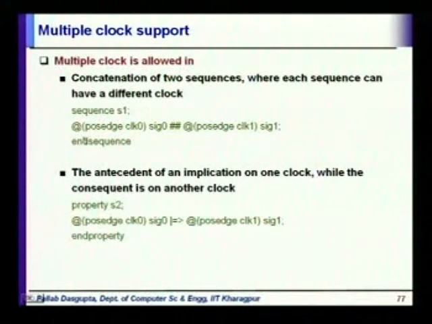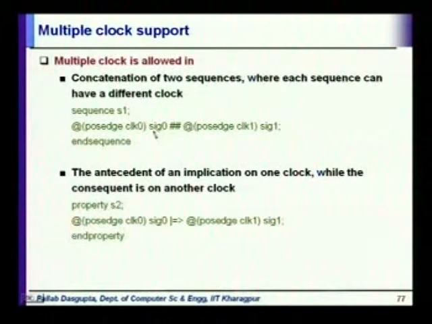You can write a sequence expression like this: at posedge clock, I think this should be property. Please read this as property S1 and then property at posedge clock 0 sig 0 hash 1. There is another typo here. You can write at posedge clock 1 sig 1.